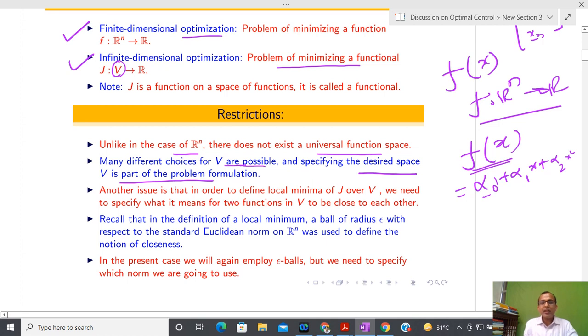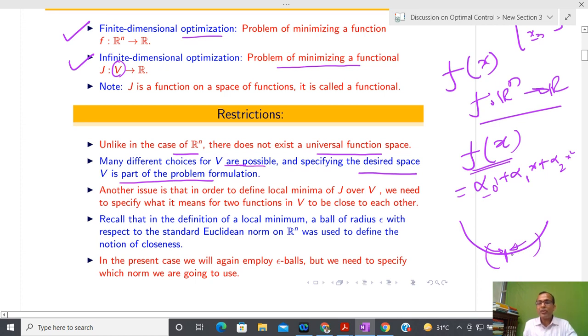Another issue is that whenever we are defining a local minimum or maximum, suppose that I have some kind of local minimum here, then we are going to look at the vicinity. So I have to define closeness, how close we are.